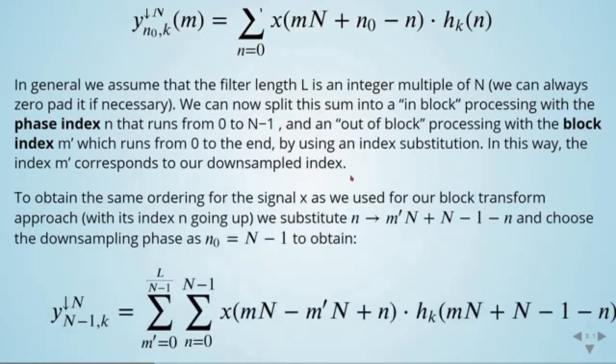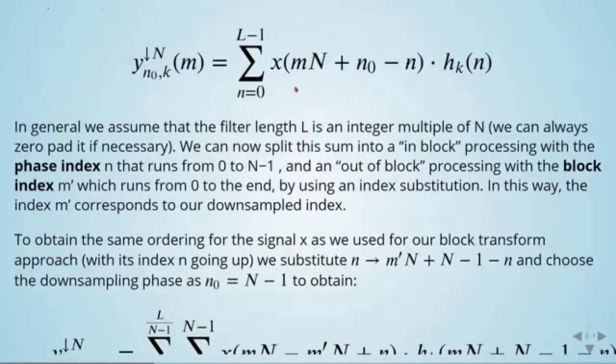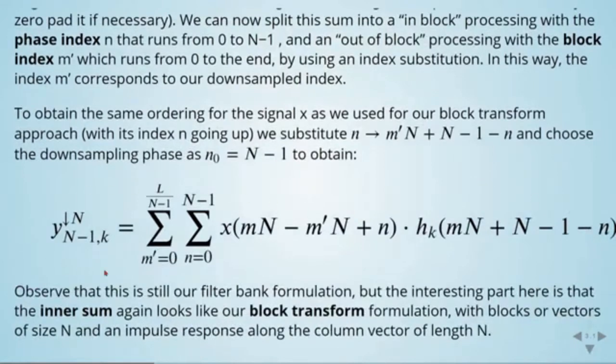To obtain the same ordering for the signal x as we use for our block transform approach, with its index n going up, we substitute n by m prime times capital N plus N minus 1 minus n, and we choose the downsampling phase as n0 equals N minus 1, and then we substitute from here to here.